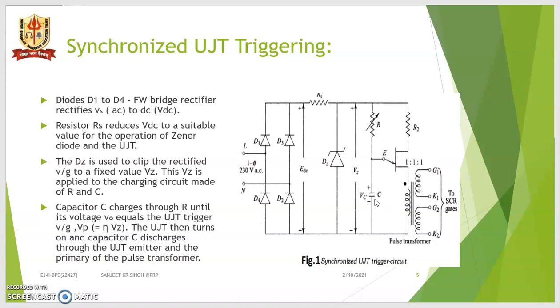So whenever the capacitor is charged to a voltage, that will turn on the UJT and current will run through the primary. As the magnitude of this discharging current peaks and thereafter decays, similarly there will be voltage induced in the secondary and thus it provides the gating pulse for the SCRs connected to it.